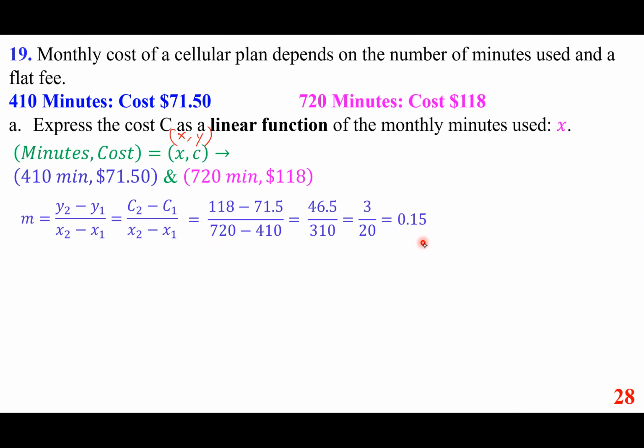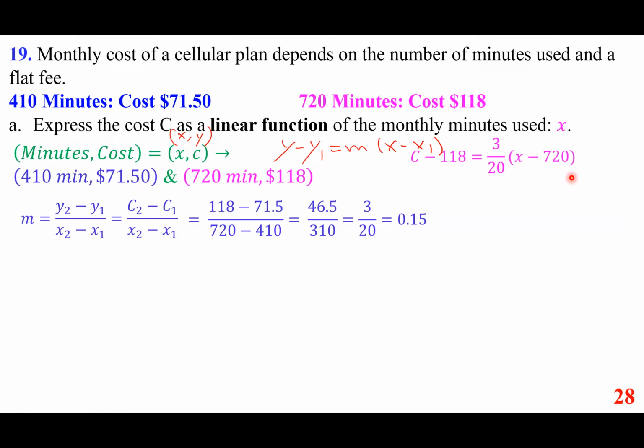We had y minus y1 equals m times x minus x sub 1 as a point slope. Now we have C minus C sub 1 equals m times x minus x sub 1. And we use one of those pairs. For example, C minus 118 is 3 over 20 times x minus 720.